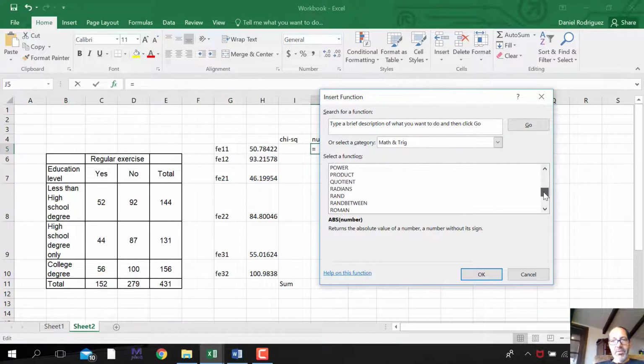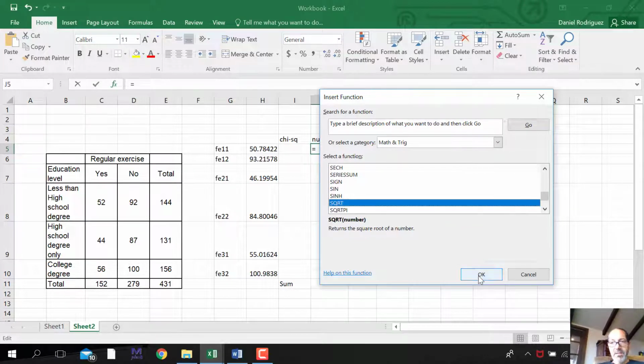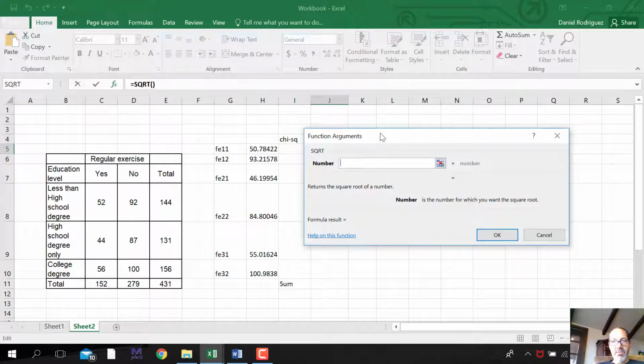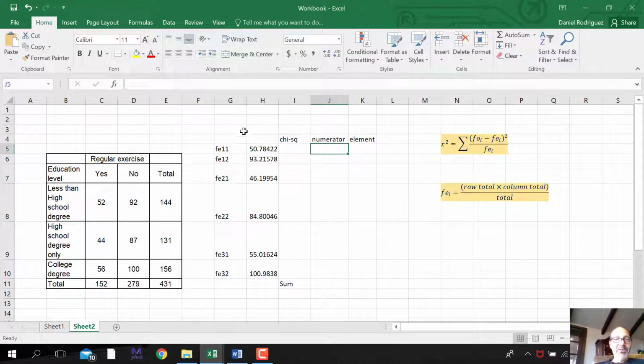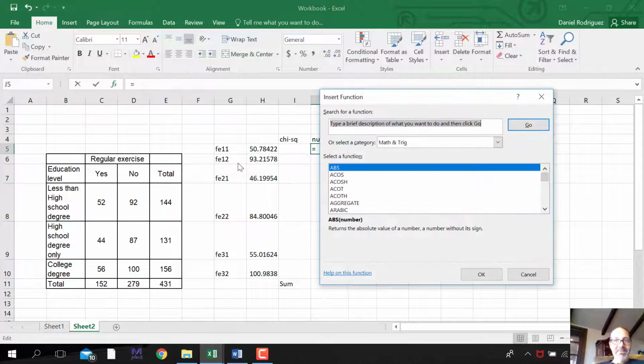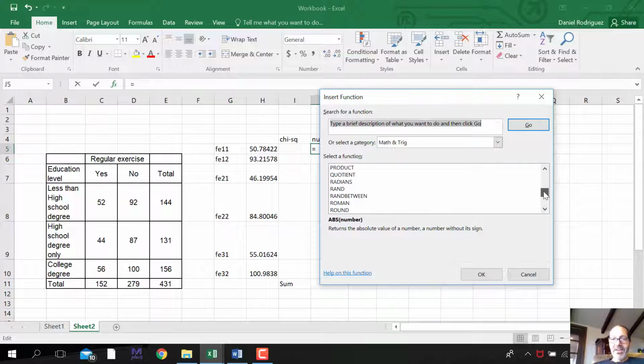I'll go under square root somewhere, and I'll find it. There it is. I hit square root, and it says, okay, what is the number? Well, I didn't need square root, sorry. But now you know how to do square root. I need the square, actually. Square is power, sorry. But I'm glad I showed you how to do that.